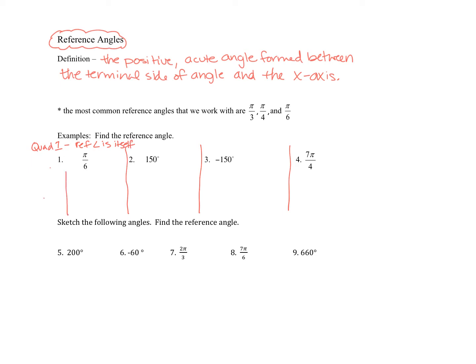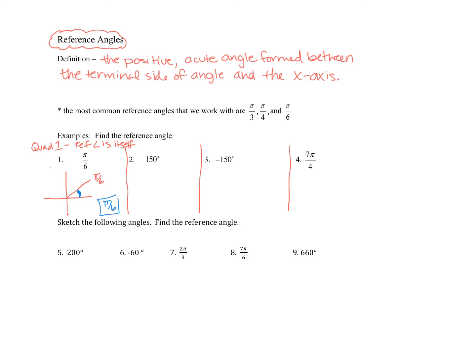So in the first quadrant, whatever angle you have, so let's say pi over 6, the space between the terminal side and the x-axis is really the angle itself. It's whatever angle you've drawn in the first quadrant. So it would be itself, pi over 6.